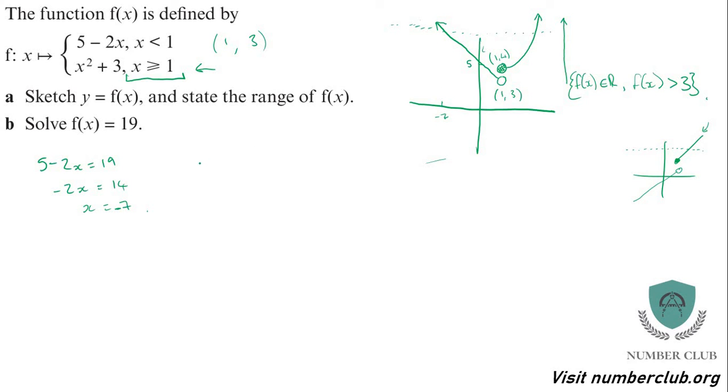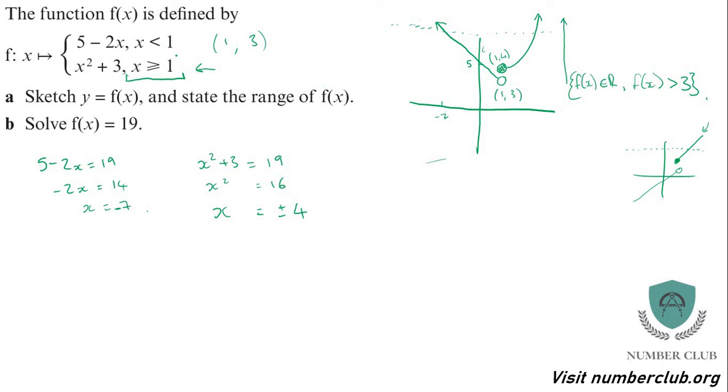And for our other bit, we've got x squared plus 3 is going to equal 19. And so x squared equals 16, and so x equals plus or minus 4. Now, there's a problem here, because only one of those values can work. The reason why only one of those values can work is pretty obvious. I mean, it only happens once on this curve.